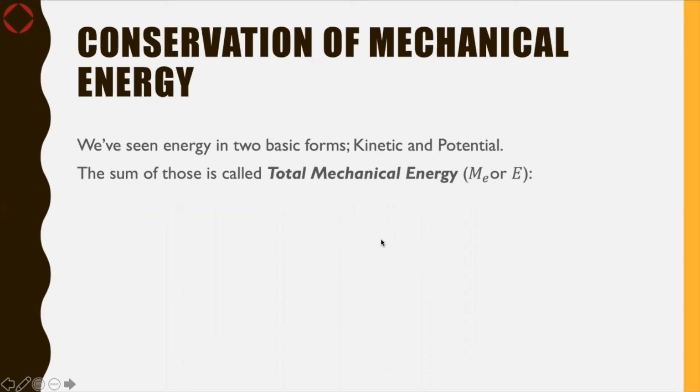The sum of these two things is called total mechanical energy. You can think about it as the energy available in the system. So all the energy that you will have available is whatever you have in kinetic, in the motion, plus whatever you have in potential. The addition is the total mechanical energy.